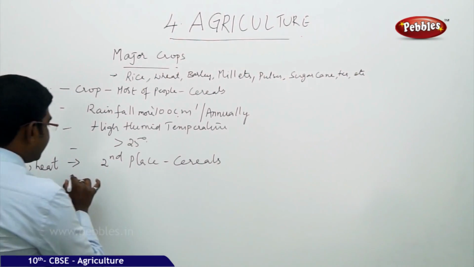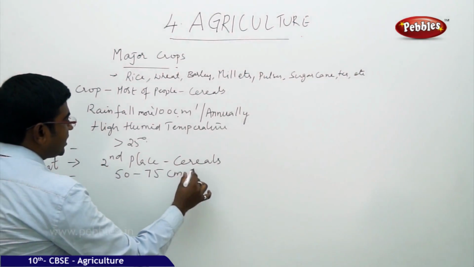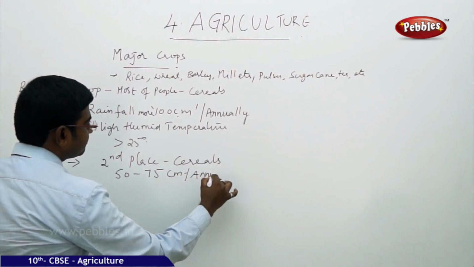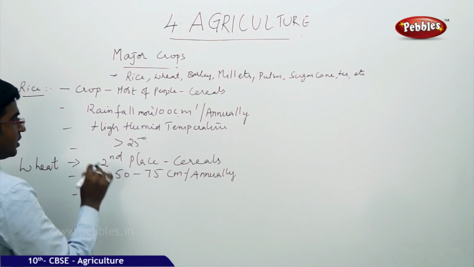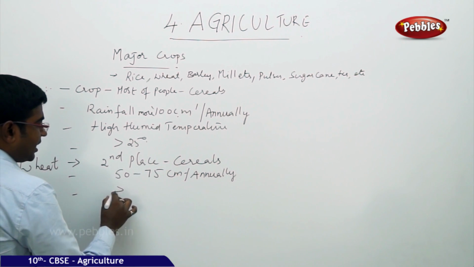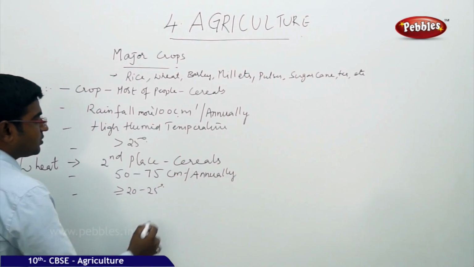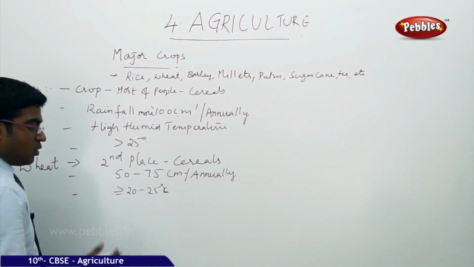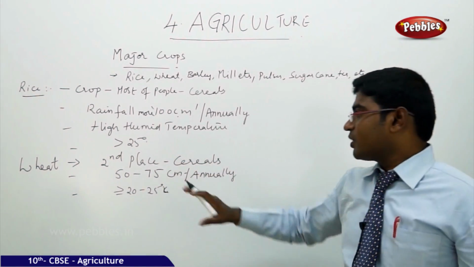It requires an average rainfall of 50 to 75 centimeters annually. And a temperature of 20 to 25 degrees Celsius or less would also be favorable for the production of wheat.